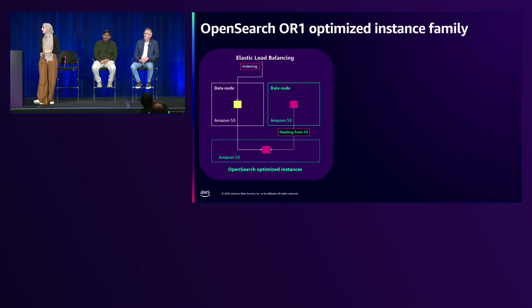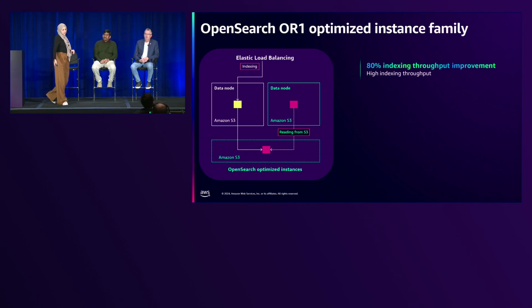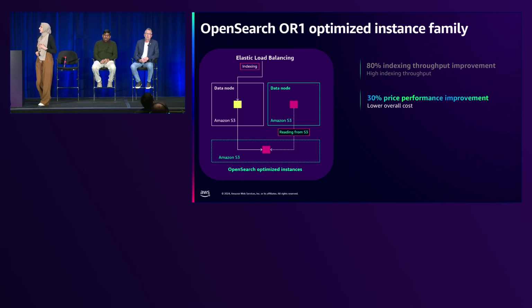It will read from S3 and copy the data into the replica. This improves indexing throughput by 80%. It leads to 30% price performance improvements because now we have more compute available in the cluster to handle other tasks than re-indexing into the replica.